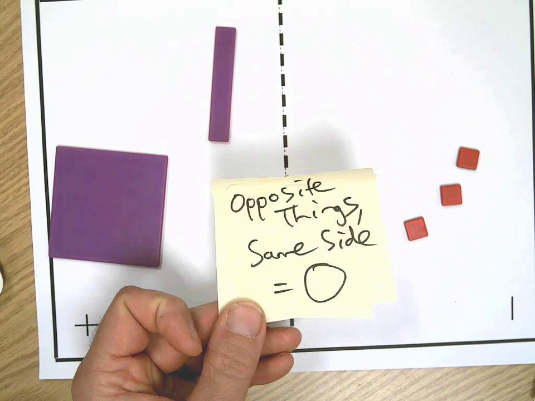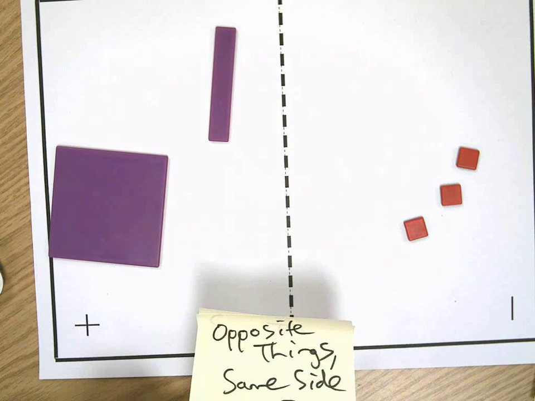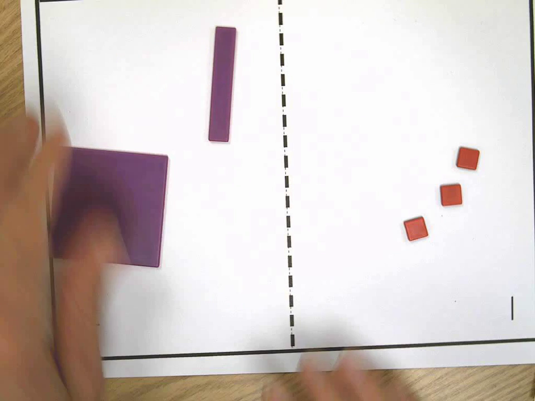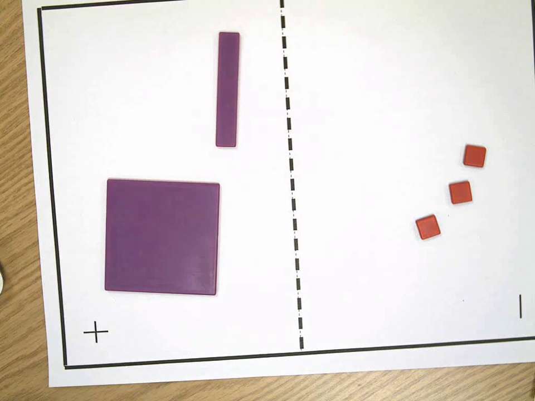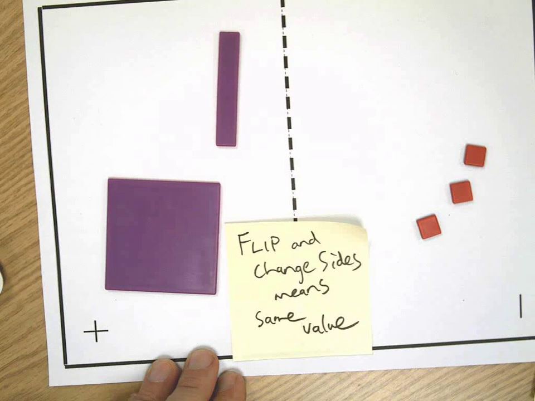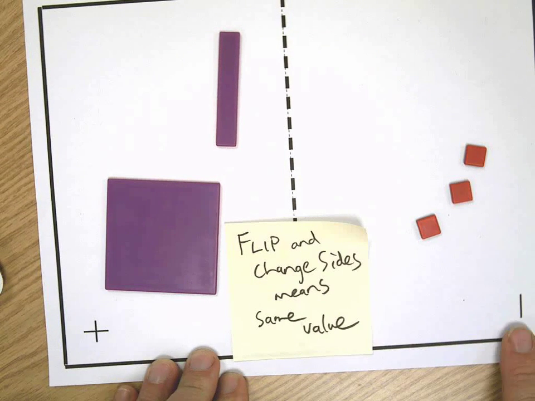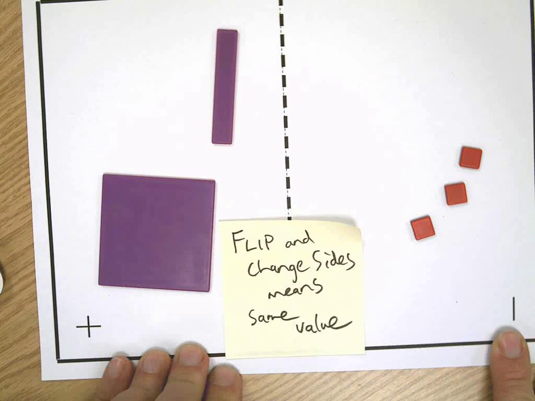Next. Do I have any opposite things on the same side? No, I don't. Does that mean I'm done? Well, sort of, but maybe I still don't know what this expression is called. I can take these guys.